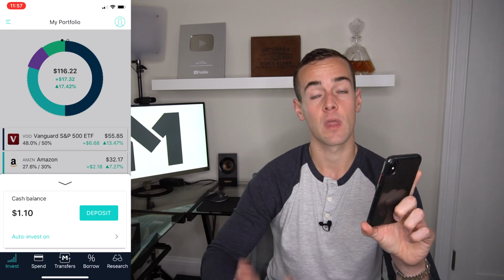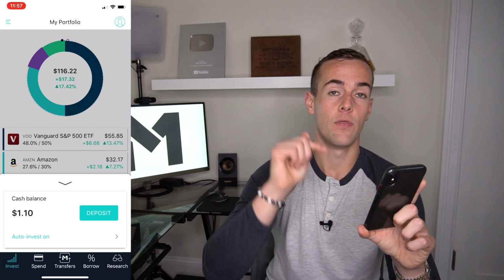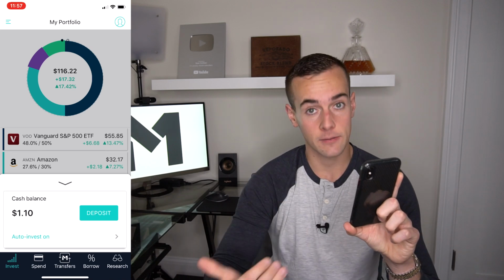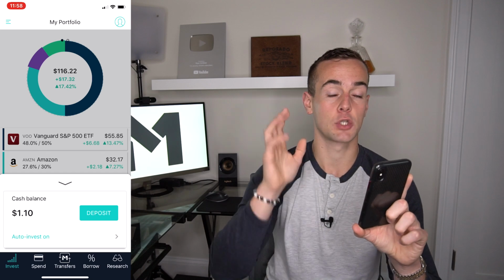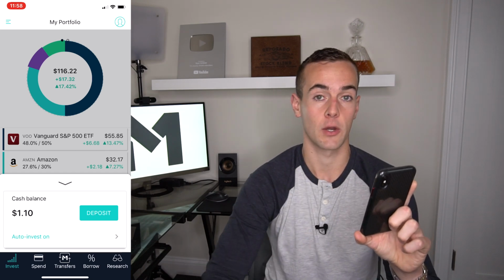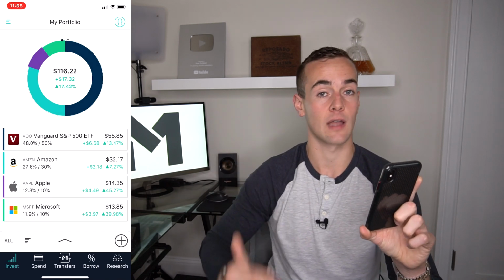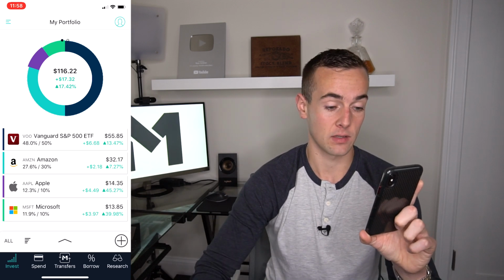So basically, this is what happens when you earn dividends with M1 Finance. Those dividends are going to go towards your cash balance, and then once your cash balance exceeds $10, that money is going to be invested across your entire portfolio. And so that is why I call this a portfolio level dividend reinvestment and not a stock level dividend reinvestment.